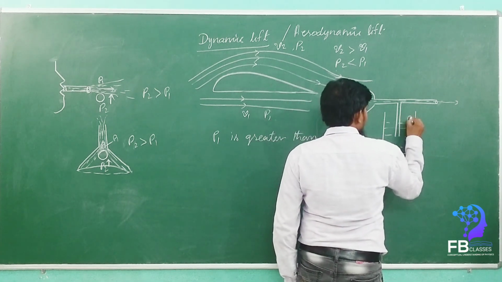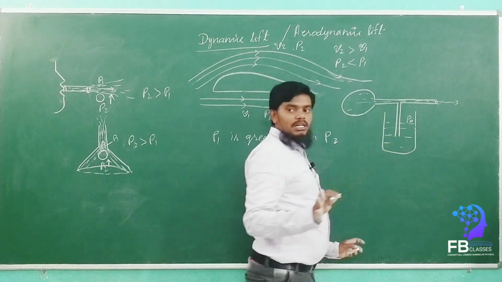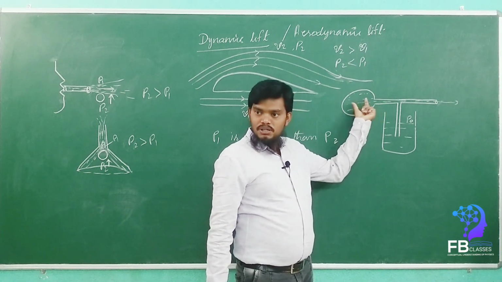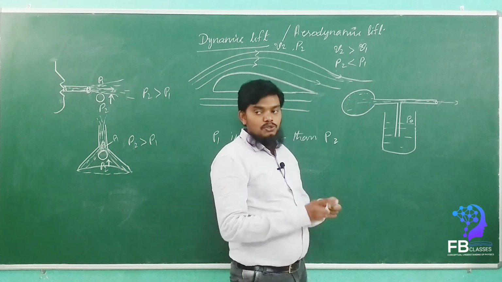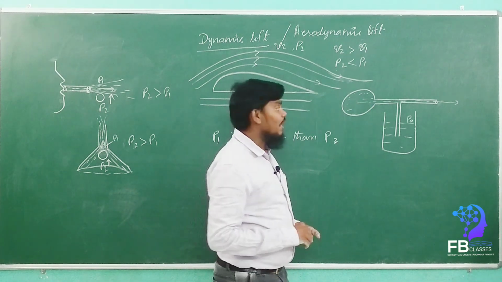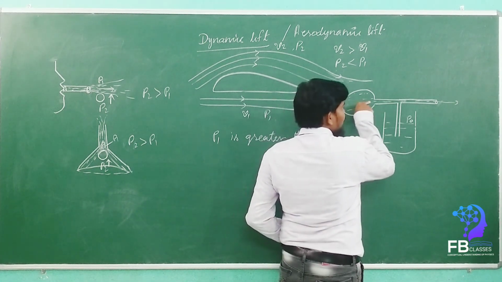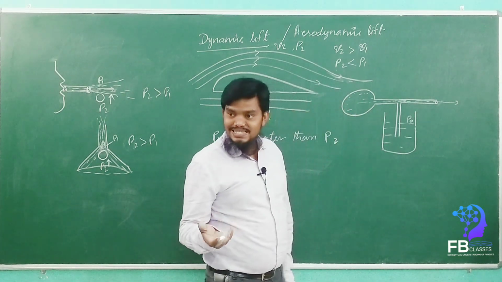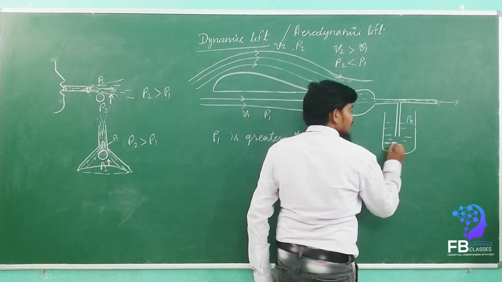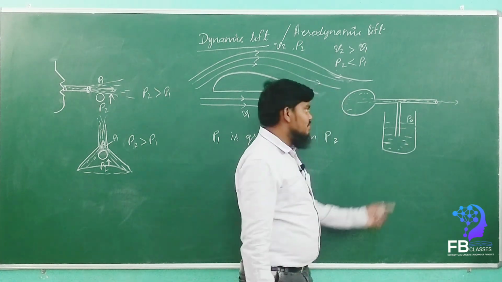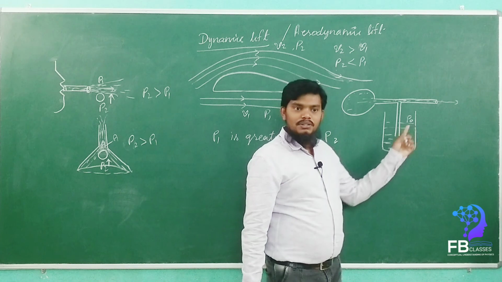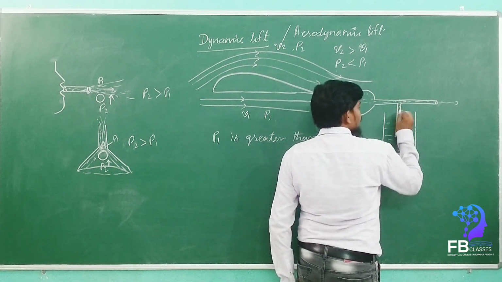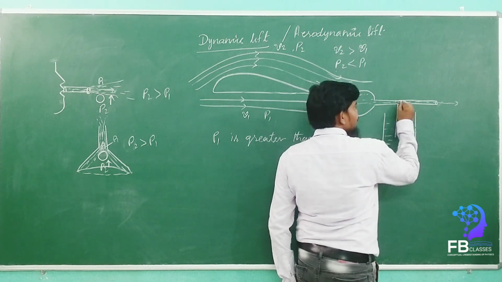Here is the atmospheric pressure P naught. Its normal condition inside this instrument is also P naught. So once you blow very fast, the air will go very fast, then the pressure under this instrument will be less. So here the surface of the liquid column is at P naught. Then this liquid will rise up. Yes or no? So from higher pressure to lower pressure, it will lift it up.